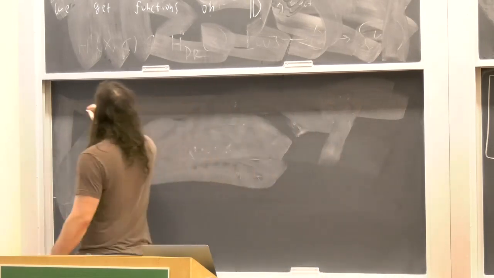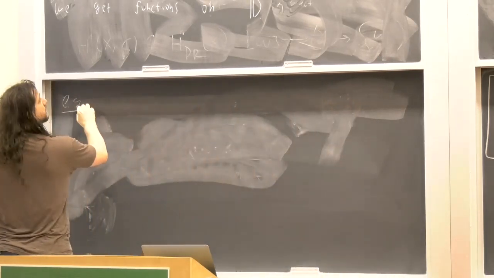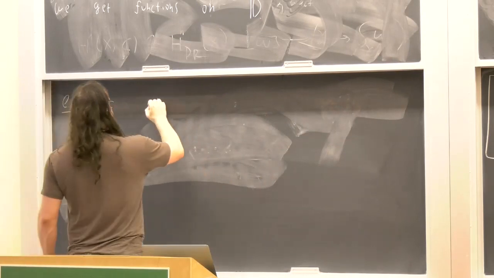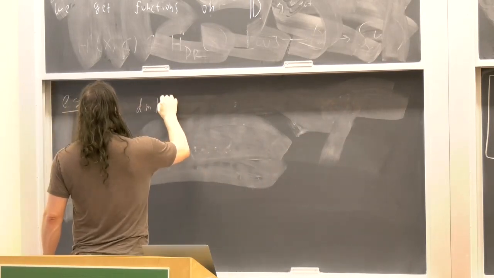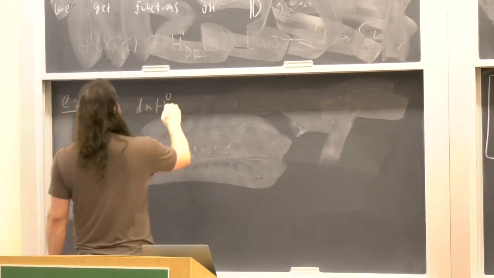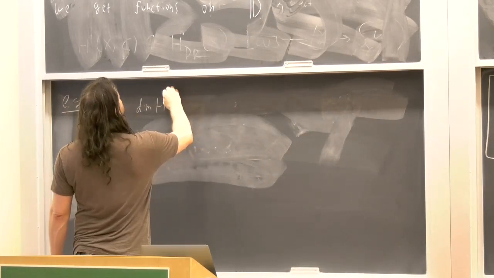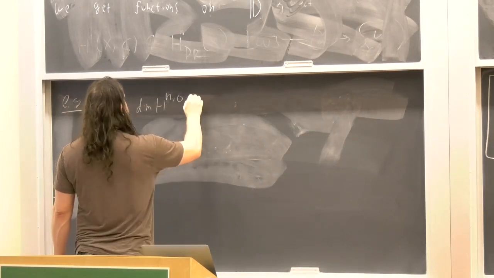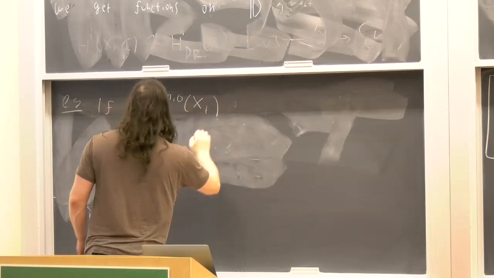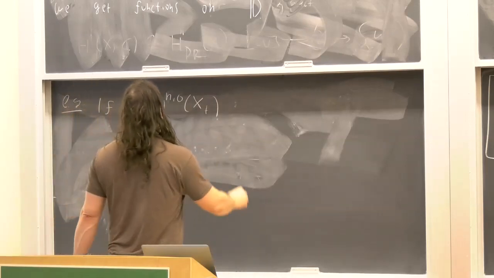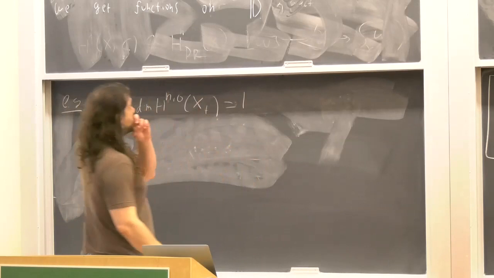So, as a simple example, if, for example, the dimension of, let's say, h^{n,0} of these x sub t's is 1.